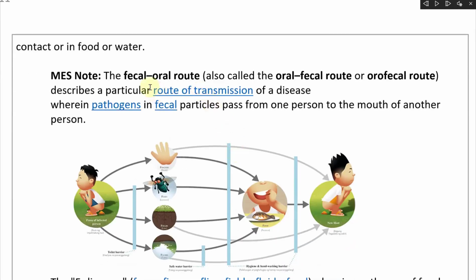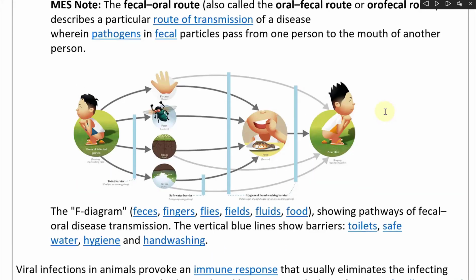So the fecal-oral route, or the oral-fecal route, describes a particular route of transmission of a disease wherein pathogens in fecal particles from one person pass to the mouth of another. So here's a diagram.